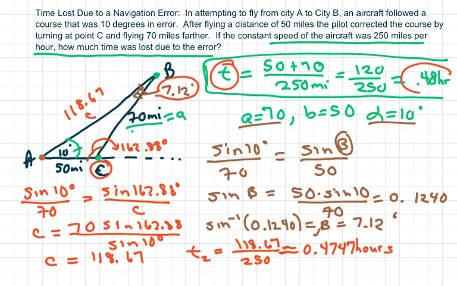So here we had 0.48 hours because of the error, and time 2 is if he didn't make the error.